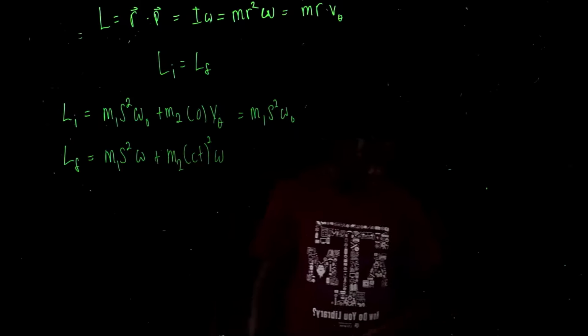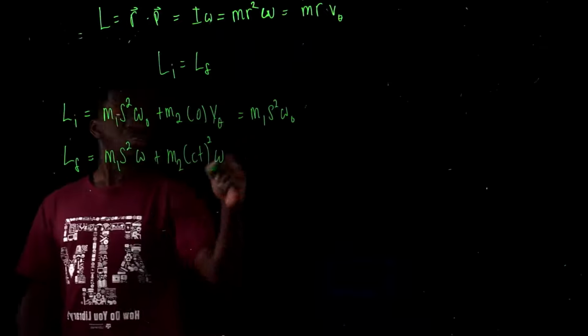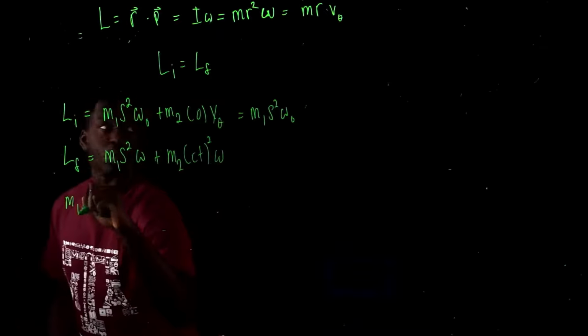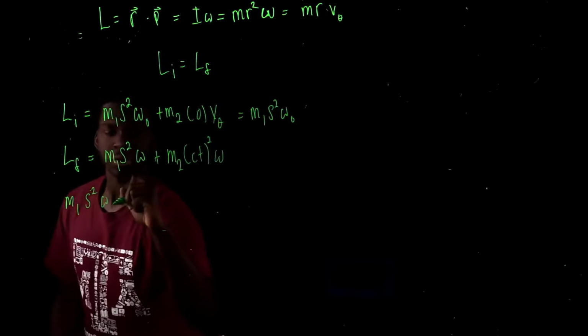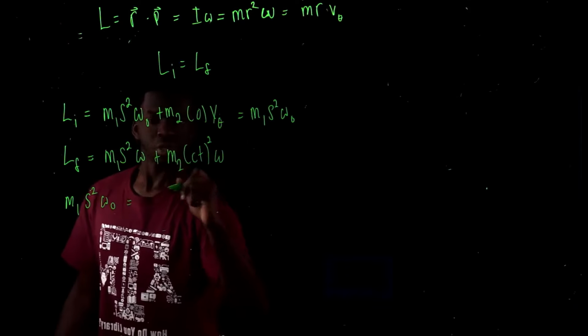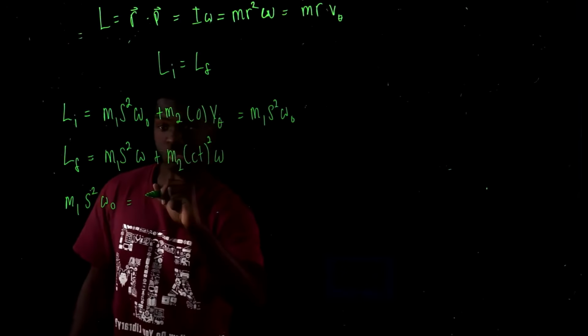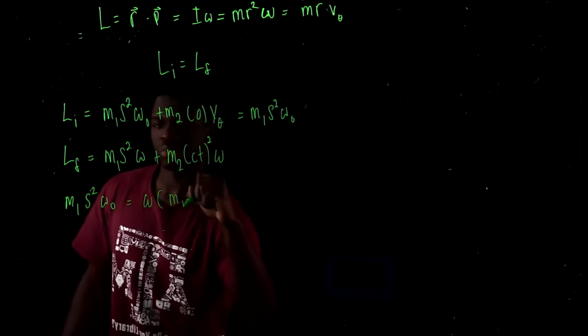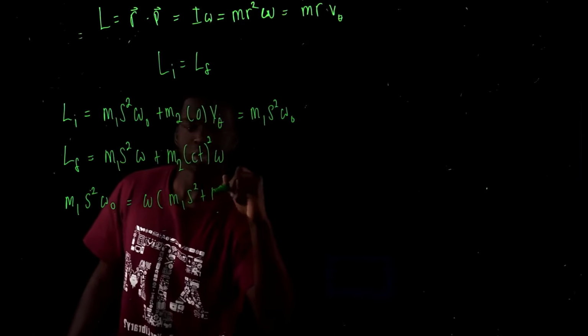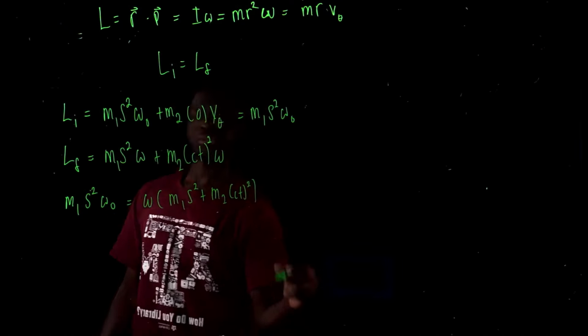Okay, now since we have that, let's set them equal to each other. M1 S squared omega naught is equal to omega times M1 S squared plus M2 CT squared.